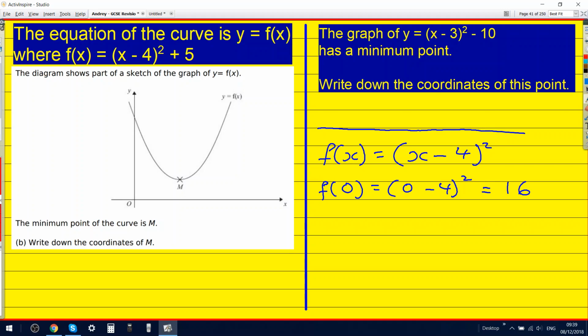What if you subbed in, say, 6? That would be 2 squared times 2 squared. It's just 2 squared.